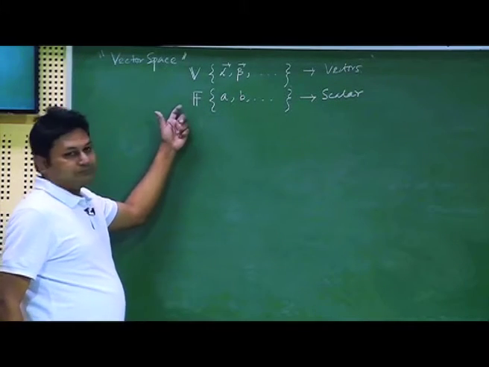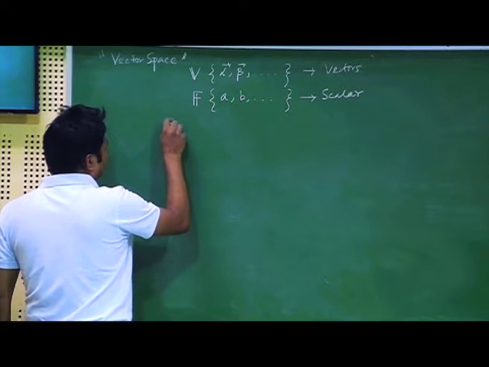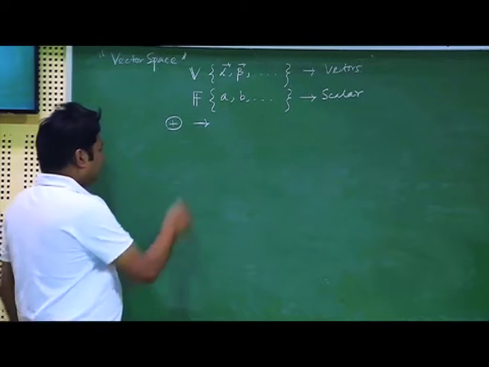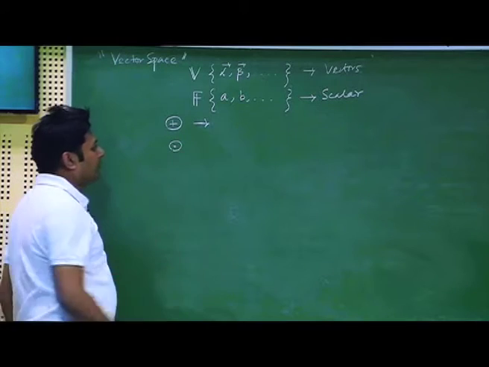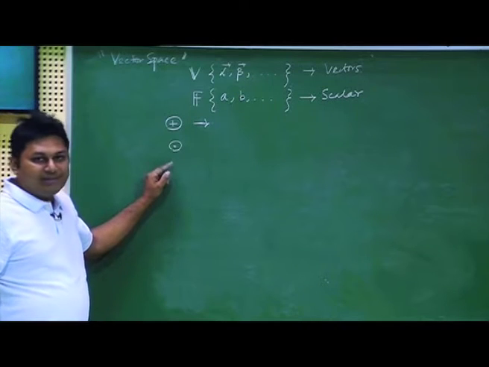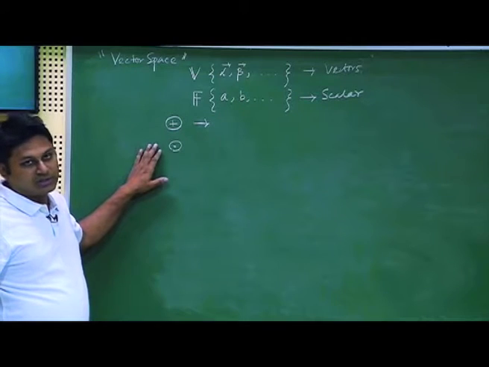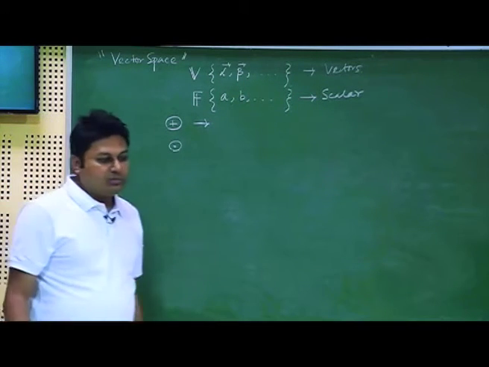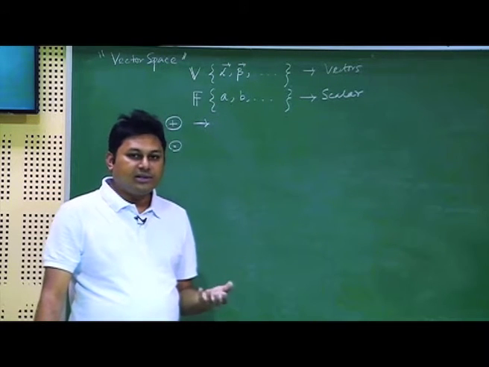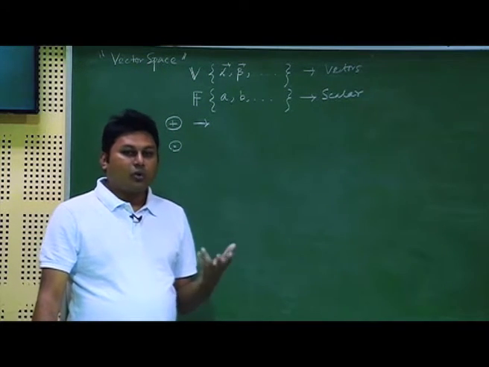After defining these two, I need to define two very important operations. One is plus and another is dot. I put a circle over the plus and a circle over the dot to distinguish that this is not a normal plus operation or a normal dot operation, because in earlier classes we showed that vector addition is also defined by plus, but this plus sign we are using as addition is not critically the normal addition we know.